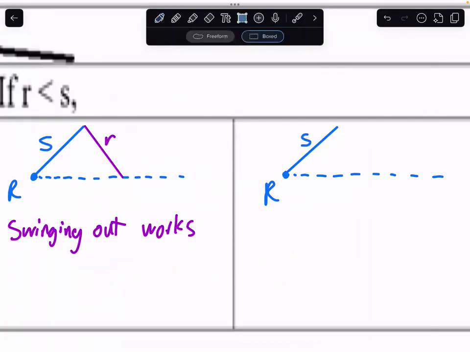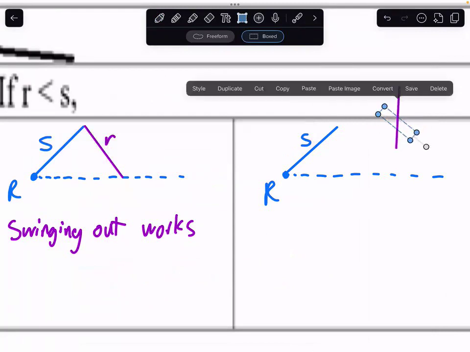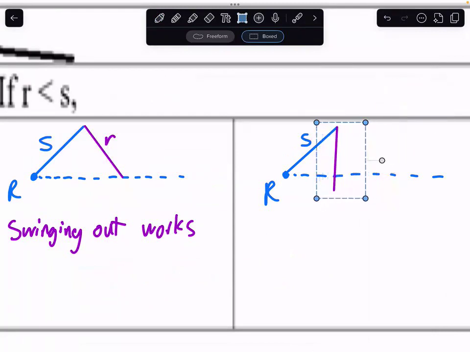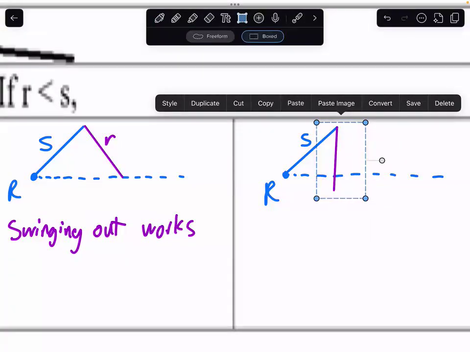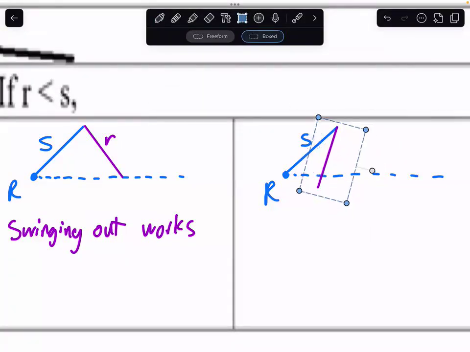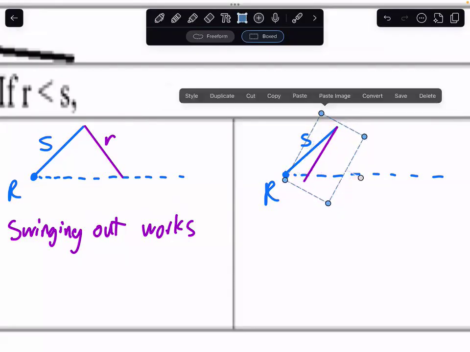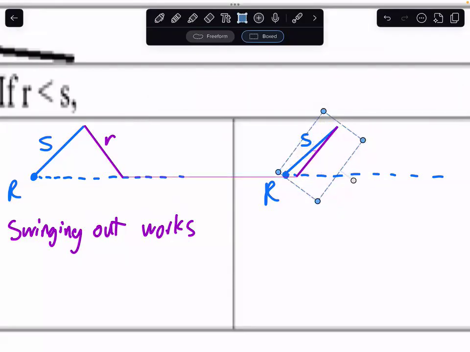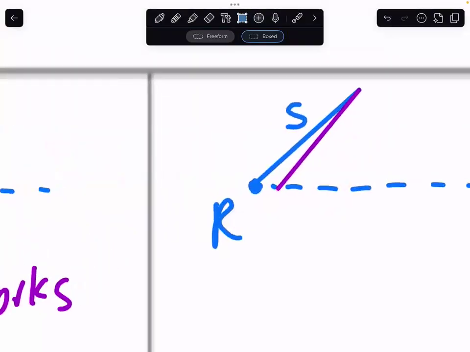Again, you want R to be slightly shorter than S. Downward is too long, but if we swing inward, we actually can form a triangle.